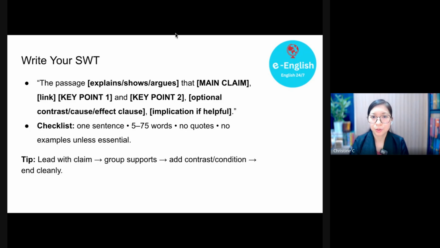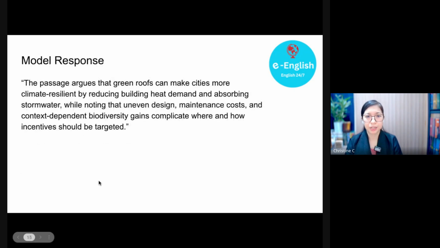So to show you, you have lead with claim, group supports, add contrast, condition, and end cleanly. We can say that the passage argues that green roofs can make cities more climate resilient by reducing building heat demand and absorbing stormwater, while noting that uneven design, maintenance costs, and context-dependent biodiversity gains complicate where and how incentives should be targeted.